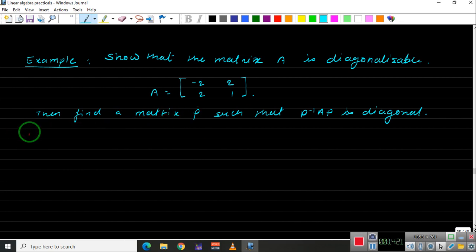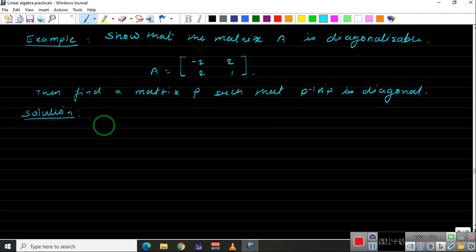Now the solution. First, find the eigenvalues and eigenvectors of this matrix. To get the eigenvalues, for simplicity, let us use the previous result.